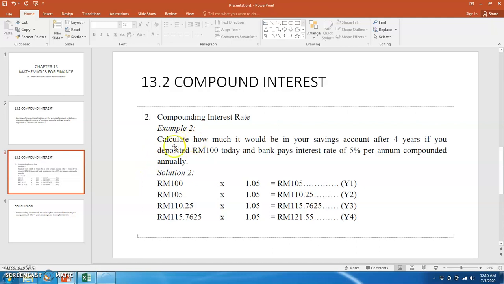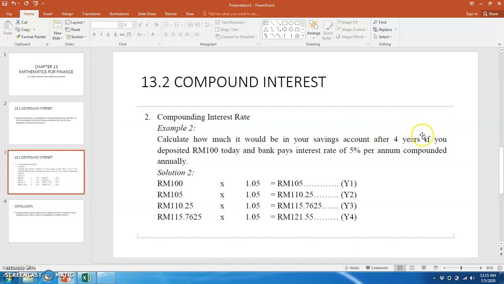Calculate how much it will be in your savings account after 4 years if you deposited 100 ringgit today and the bank pays an interest rate of 5% per annum compounded annually. When you read the word compounded, it means that it is a compound interest. So let's catch the keywords here.